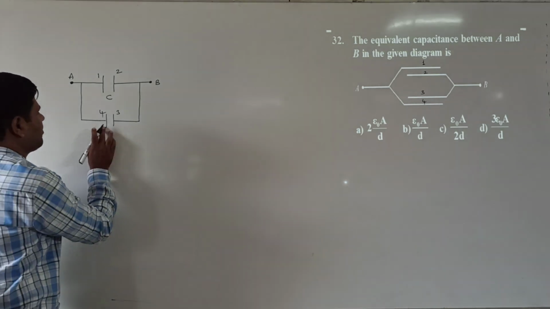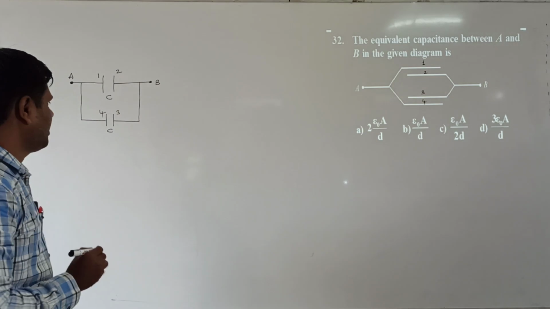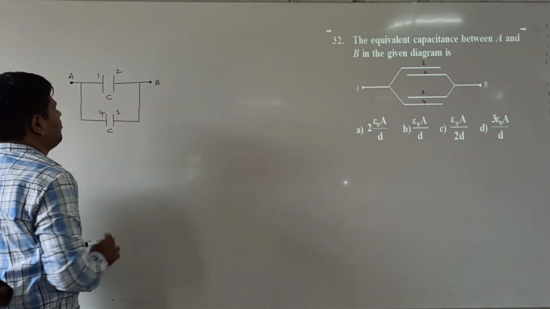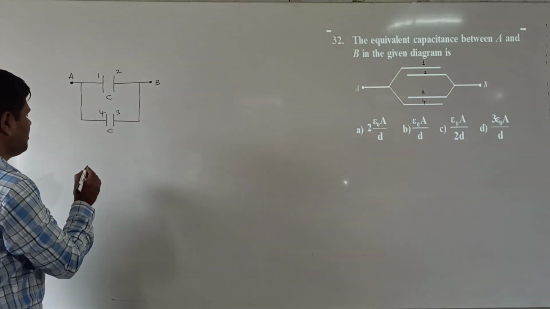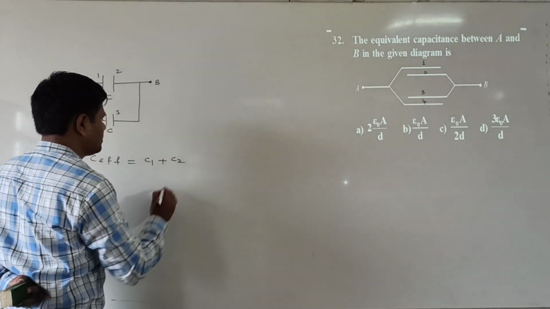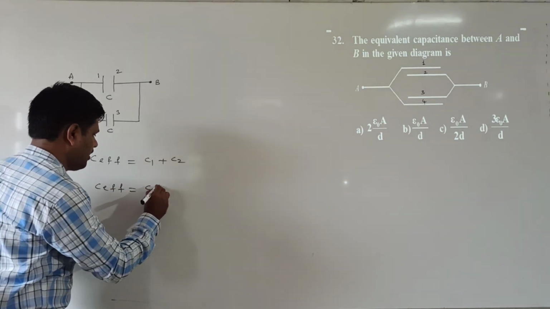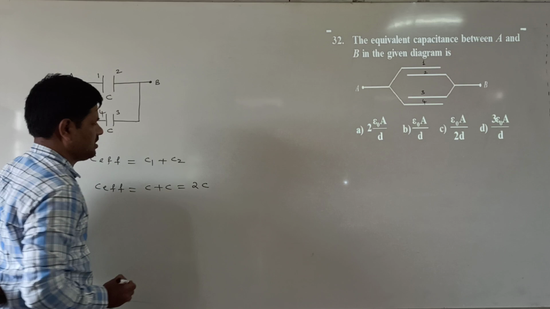Now two capacitors are formed in between the A and B terminals. These two are in parallel combination. In a parallel combination, C effective is equal to C1 plus C2. Both have the same capacitance, so C plus C is equal to 2C.